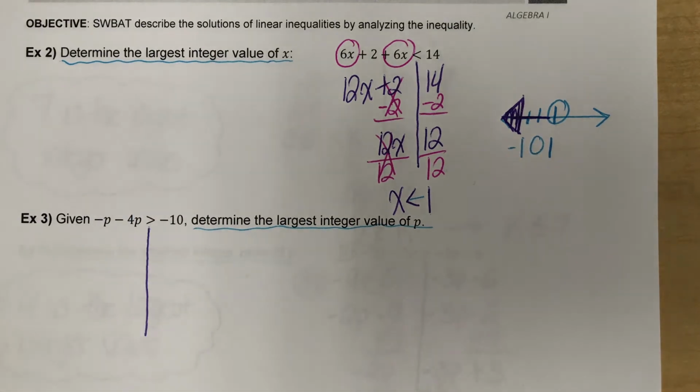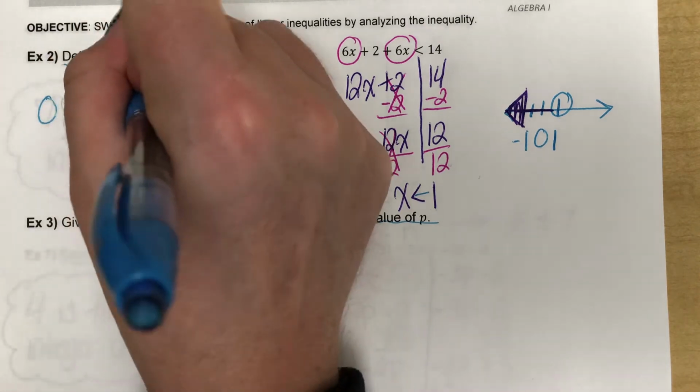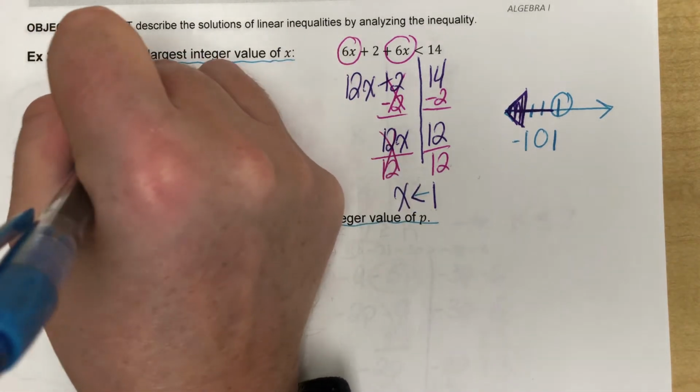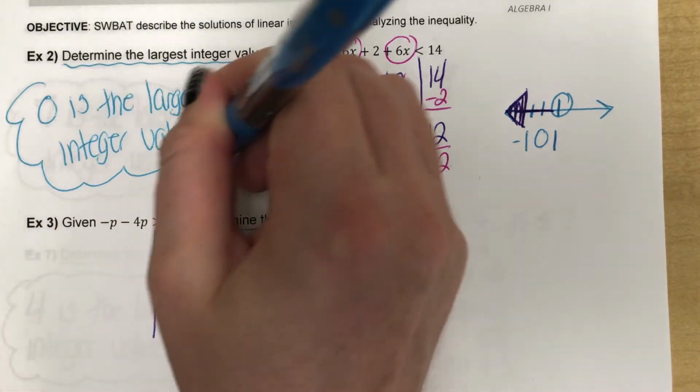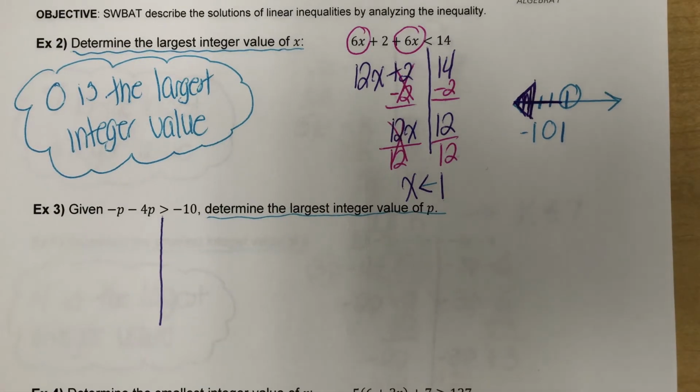So what's the largest integer value? 0 is the largest integer value. All right, again, make sure you're writing out this little blurb. If you're not, you technically have not fully answered the question to earn that full credit.